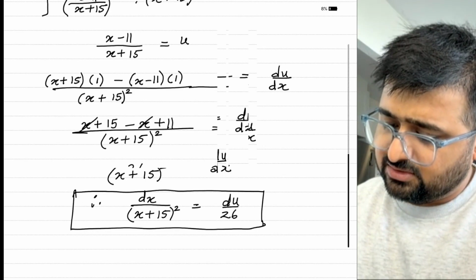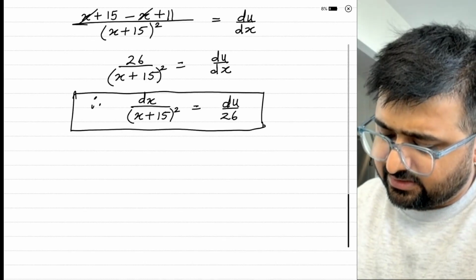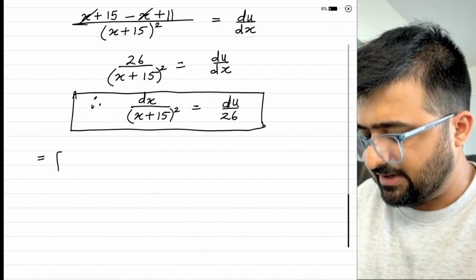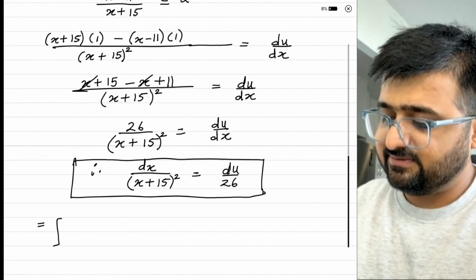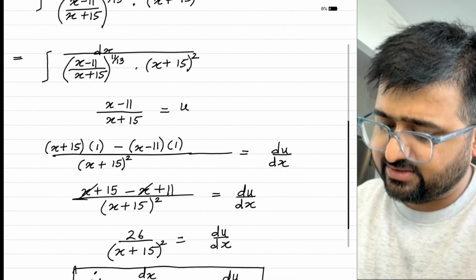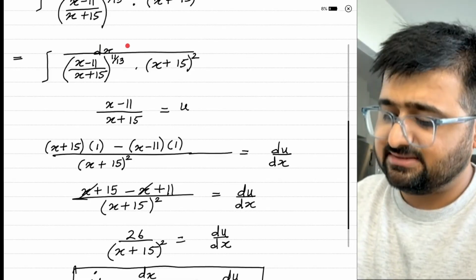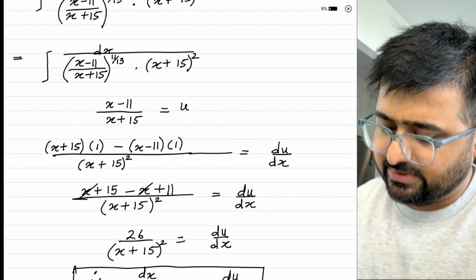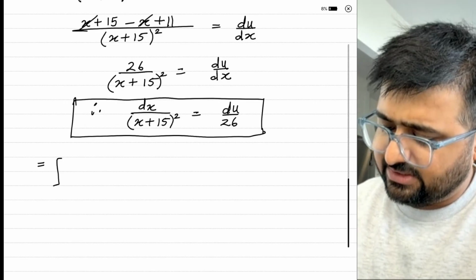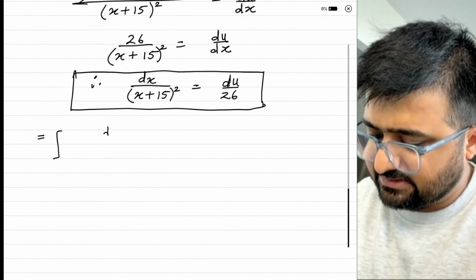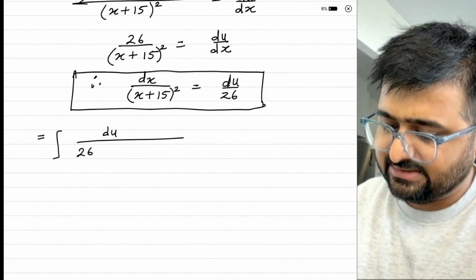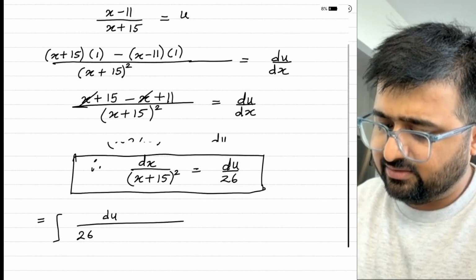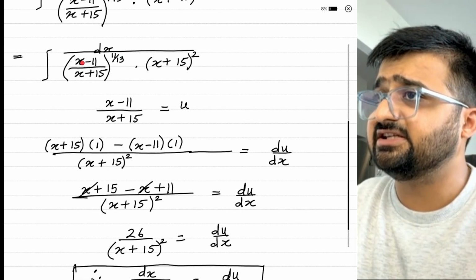Okay. So now let's write that integral in the u world. So we have integral of this term, dx over x plus 15 the whole square, which is right here. That can be just written as du divided by 26, and in the denominator this term that we have here is nothing but u.